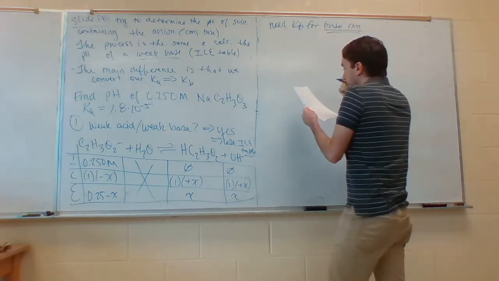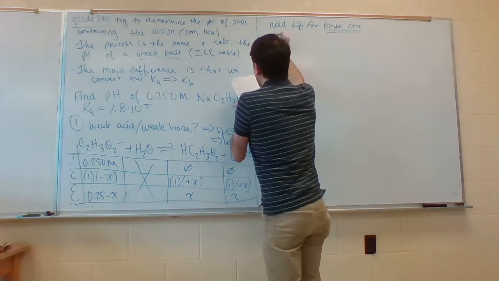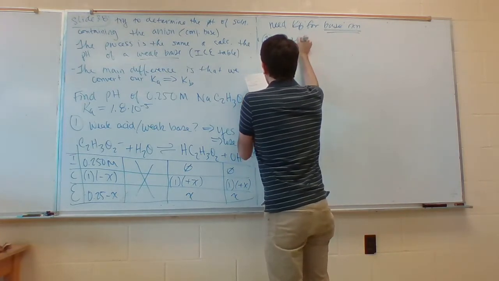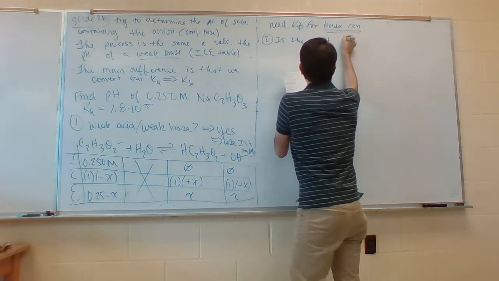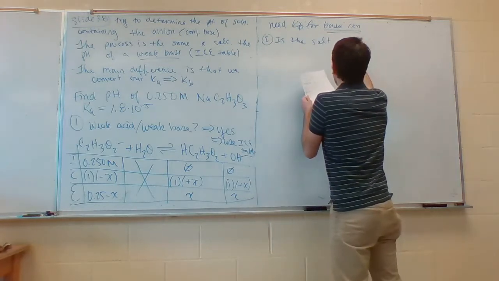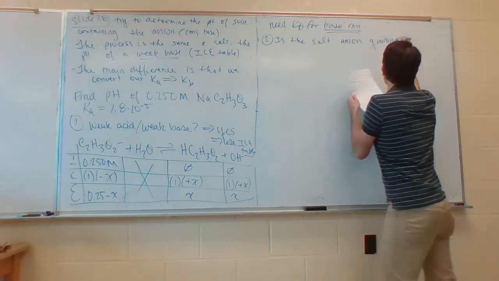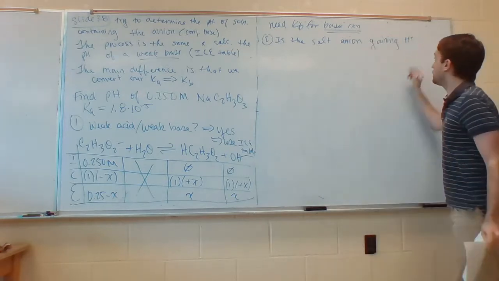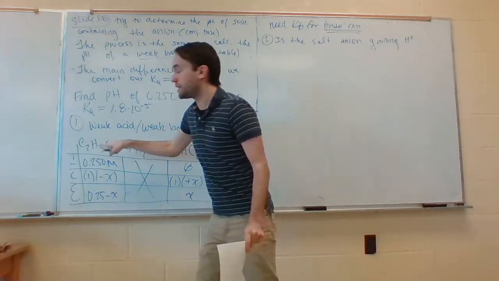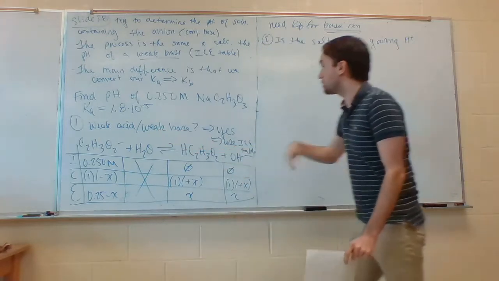So step 2 is going to be, is the salt anion gaining an H plus? You're going to ask yourself, does this gain an H plus? And the answer is yes.